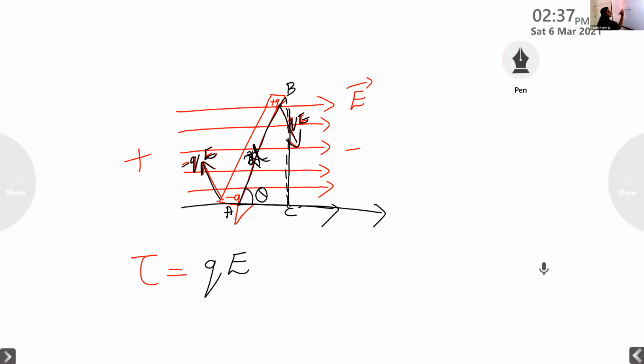That distance is inclined at an angle theta, and hence we can resolve it into two components. The horizontal component is given by 2L cos theta and the vertical component is given by 2L sin theta.